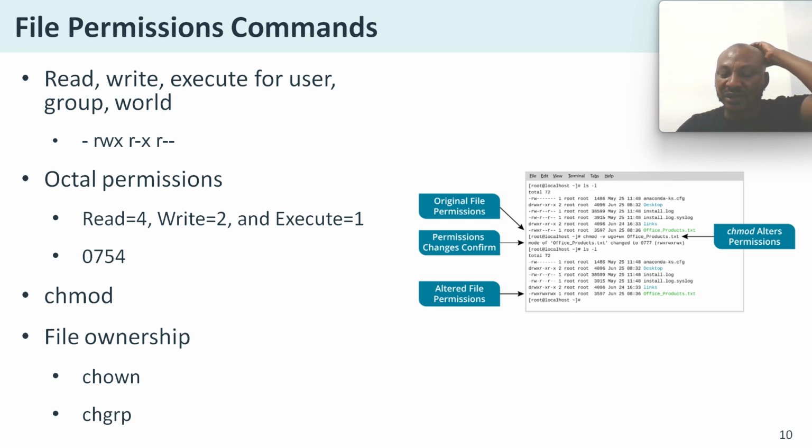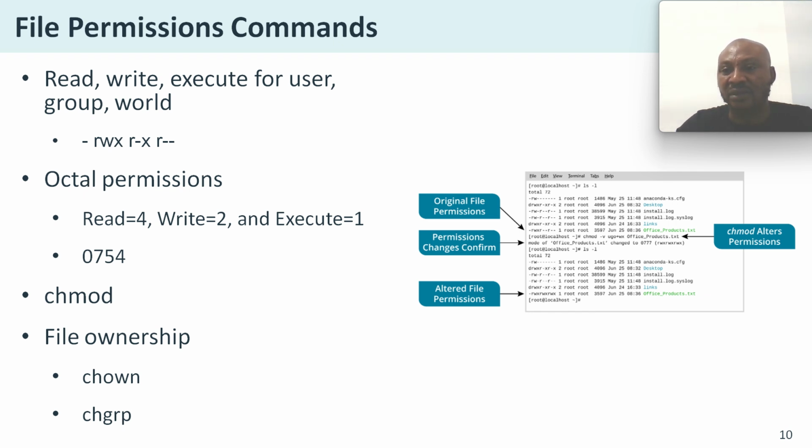And Linux permissions are divided into three roles. The first is the owner of the file. The owner who created that file is called the user, represented as u. Then the other one is the group, meaning the group that the user belongs to.